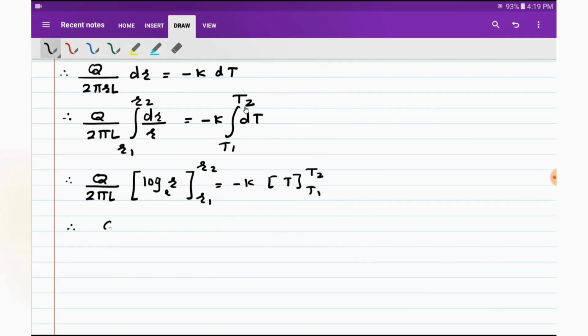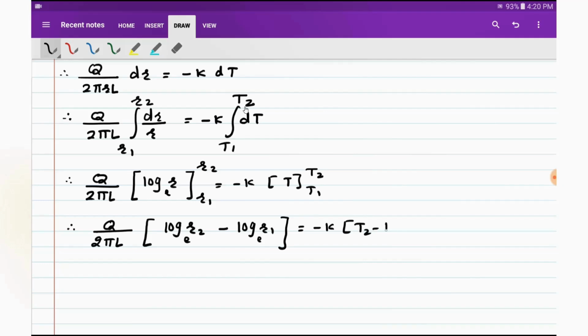Now in place of r we have to substitute the upper limit, that is r2. So it is log r2 to the base e minus log, in place of r substitute the lower limit, that is r1, equal to minus k. In place of T it is T2 minus T1, upper limit T2 minus lower limit T1.